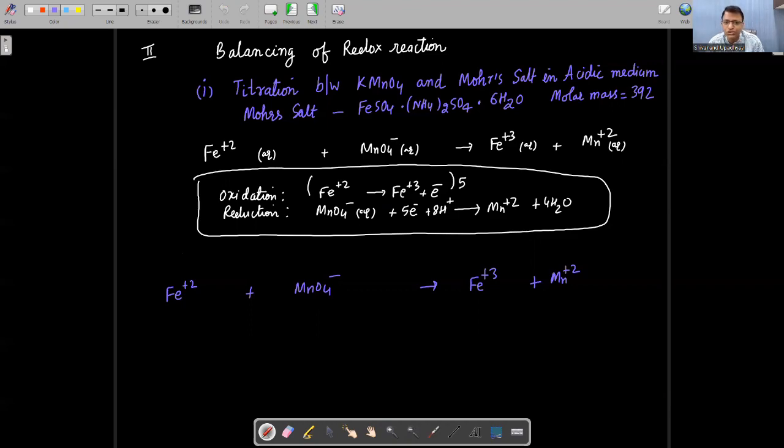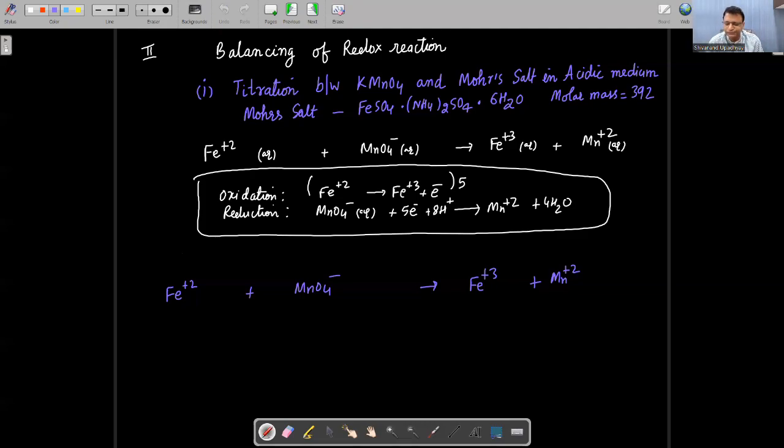Mohr's salt is used as a primary standard for standardization of KMnO4, because KMnO4 is very sensitive to light. It is very reactive. So before titrating KMnO4 with other chemical species, we find the exact concentration of KMnO4. For that, we titrate KMnO4 with Mohr's salt. Mohr's salt is a primary standard, right?